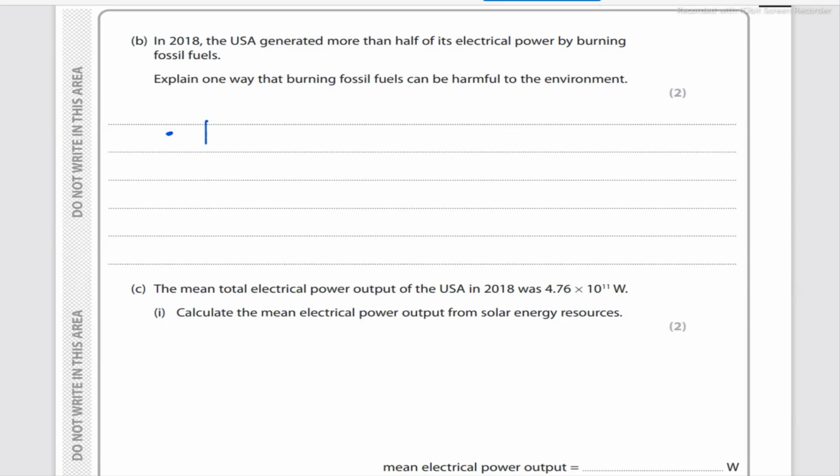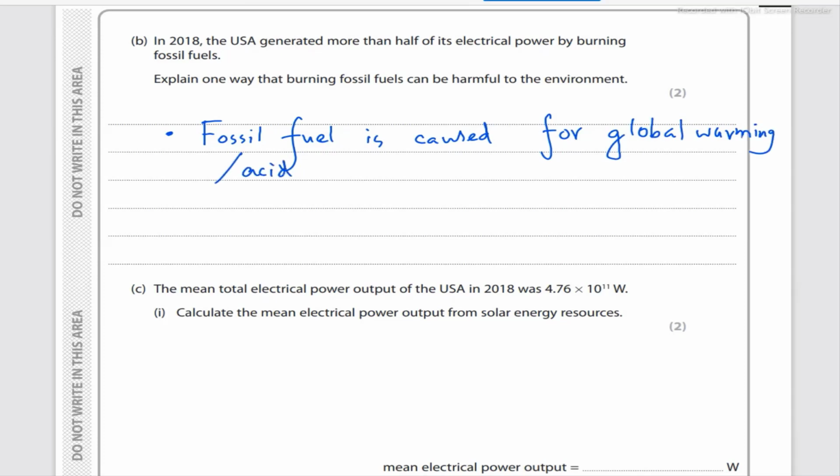Fossil fuel is a cause of global warming. Or acid rain.